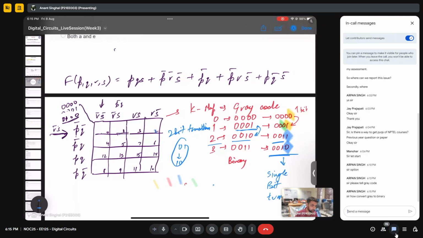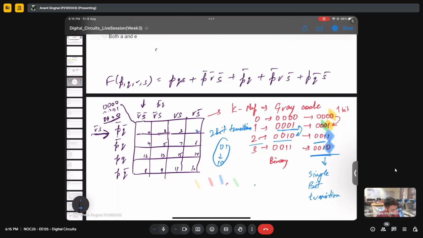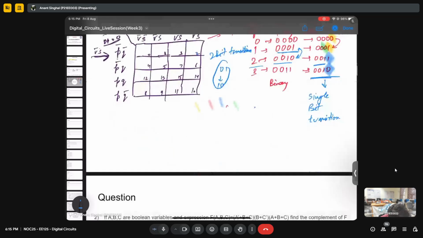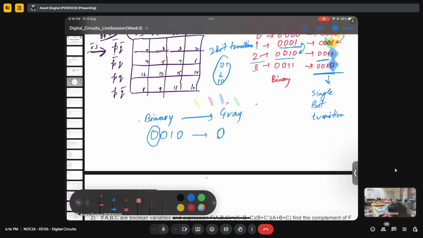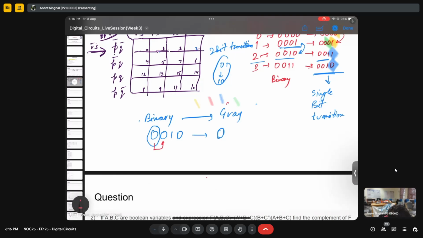How to convert gray to binary? Okay, if you want to know right now, let me tell you. Let's say you have a binary number, for example 0 0 1 1, let's say 2, and you want to convert it to a gray code. It will come later in the course outline also, but let's see that. To convert from binary to gray, you keep the first number the same, that is 0, and then you do the continuous XOR of the first and the consecutive digit.